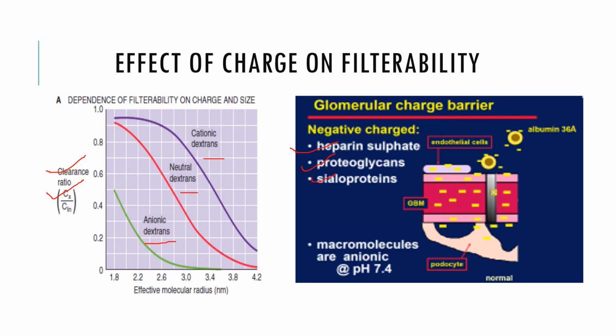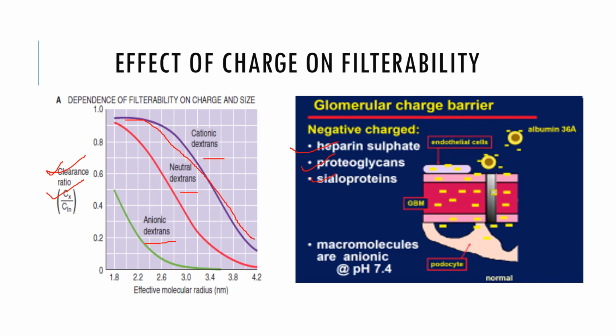Now anionic dextrans are restricted from filtration, whereas cationic dextrans pass more rapidly into the filter. See here the clearance ratio. The cationic dextrans can pass more easily, their clearance ratio is very high, whereas the anionic dextrans' movement is restricted.